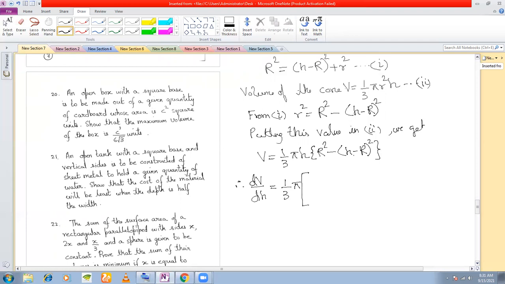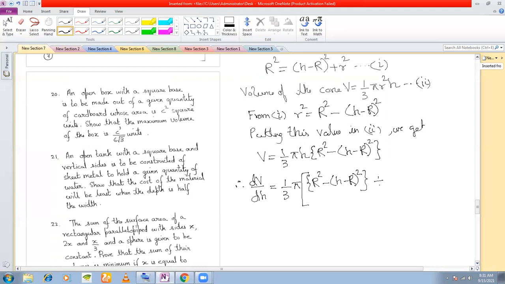And h into R square minus h minus R whole square, you differentiate by the u into v rule. So if you differentiate, first R square minus h minus R whole square you write as it is, into d/dh of h, which is 1, right?